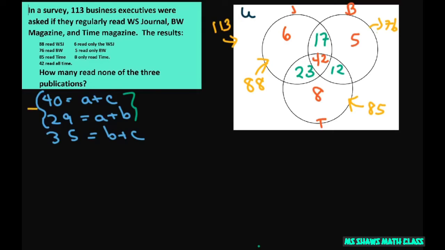When you subtract these two, 40 minus 29 is 11. The A's go away, and then we have C minus B.